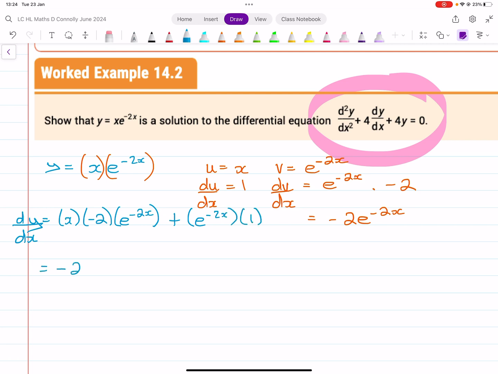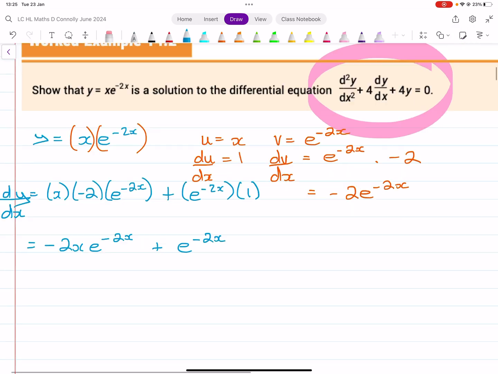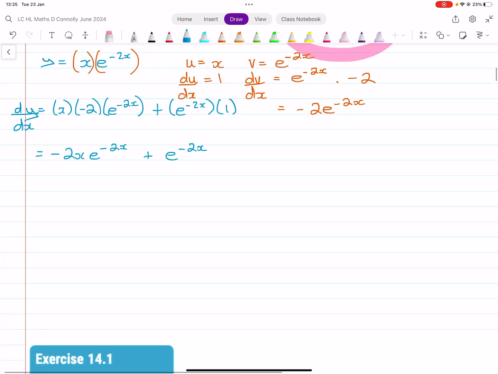So that is minus 2x e to the minus 2x plus e to the minus 2x. I can take the e to the minus 2x out as a common factor, so it's minus 2x plus 1. And then to get my second derivative, I just treat this as a product again. I don't know if that's making it easier or harder. I've started, so I'll go with it.